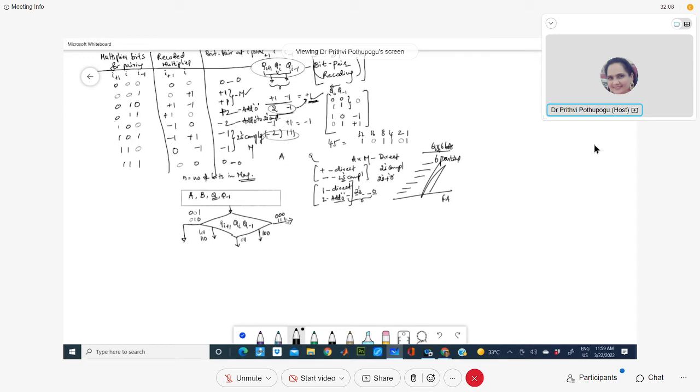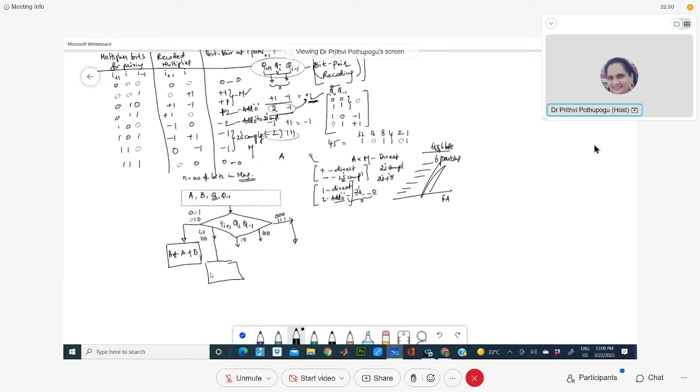So now, what are the iterations that have to be performed? If it is 0, 0, 0 or 0, 1, 0, this is plus 1. Plus 1 means you need to take A plus B. And if it is 1, 0, 1 or 1, 1, 0, this is minus 1.